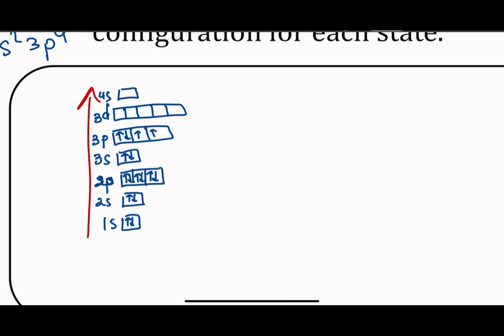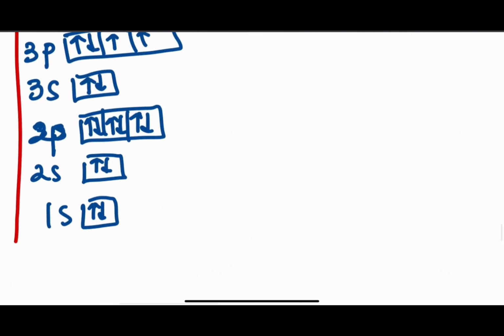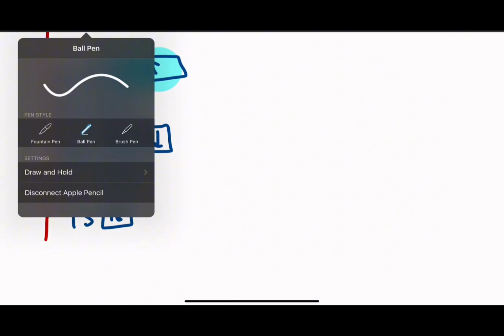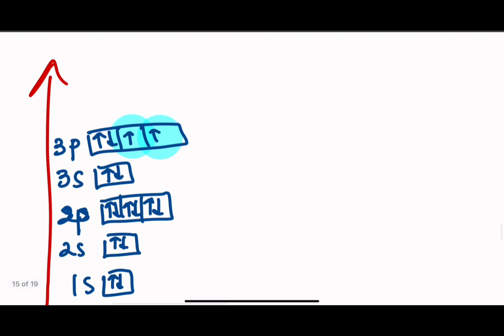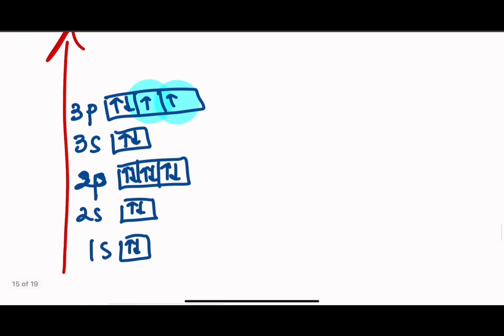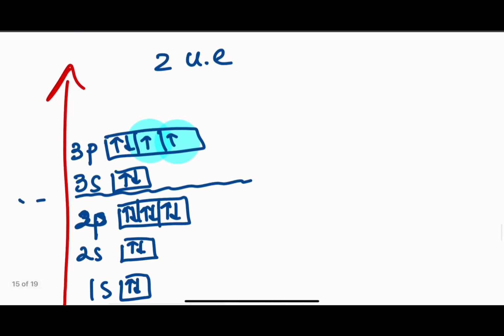Like if you want to write the electronic configuration, just the electronic configuration in here. So first of all, let's look at here. How many unpaired electrons do I have? 1 and 2, right? So I have 2 unpaired electrons. Now valence electrons. Valence electrons means the last shell. How many electrons do I have in the last shell? If you check it out, you would see it's 6.